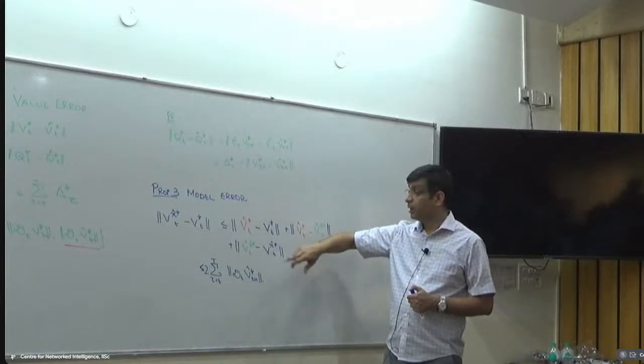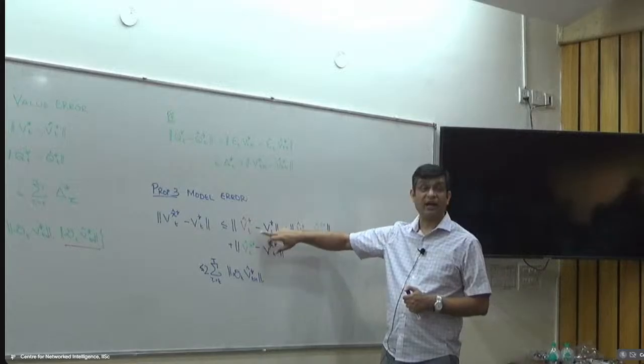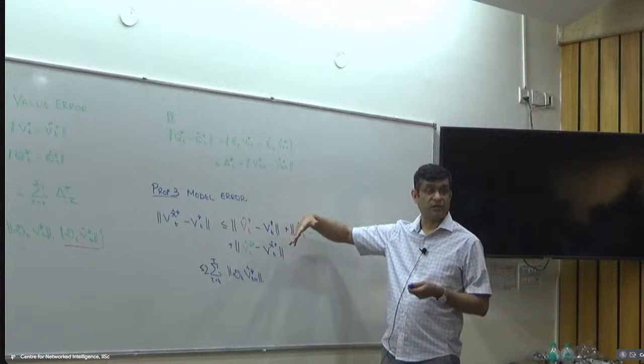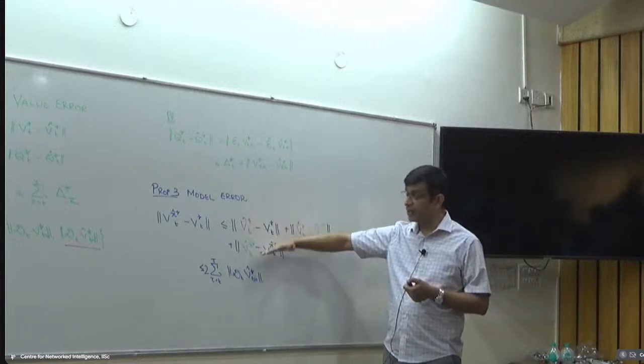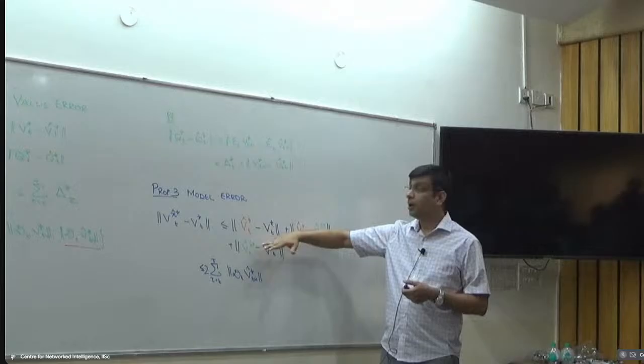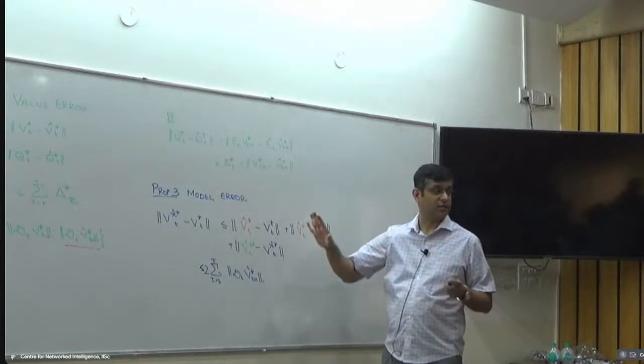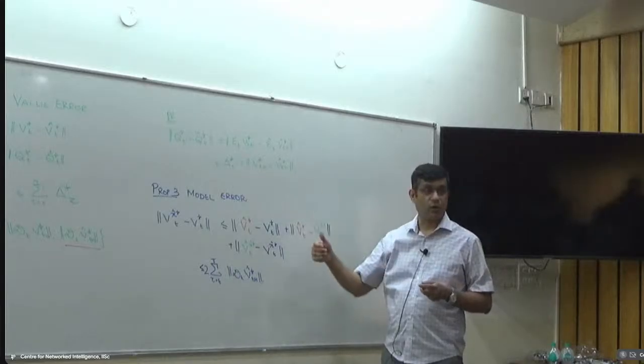When I go to these things, I will get twice that constant as my error, while there is really no error in the approximation. So, forcing this triangle inequality here makes my bounds loose, but the advantage is this is a very, very simple derivation, right? We did not do anything. It is just two triangle inequalities that give me the result.